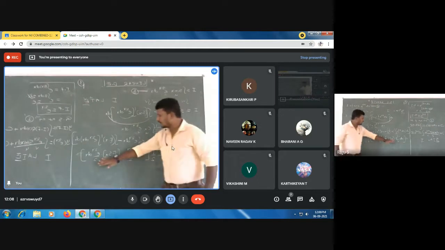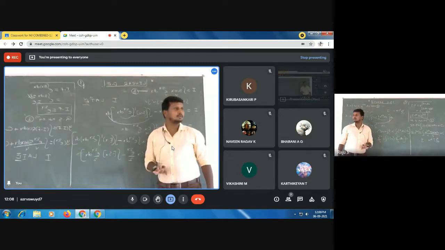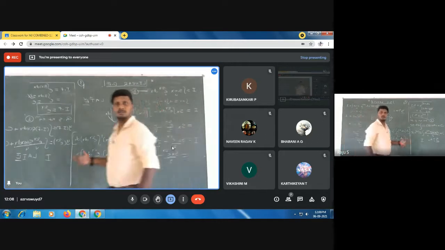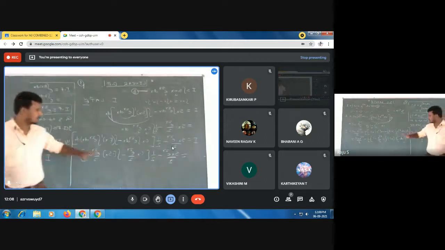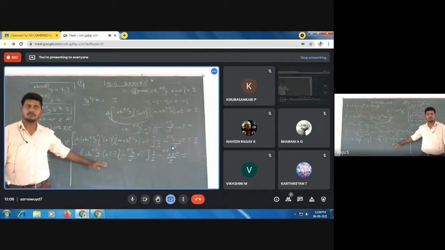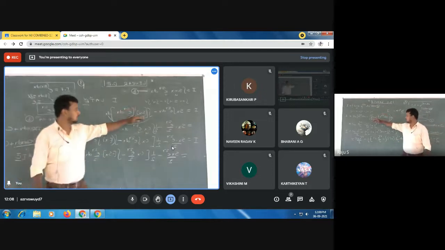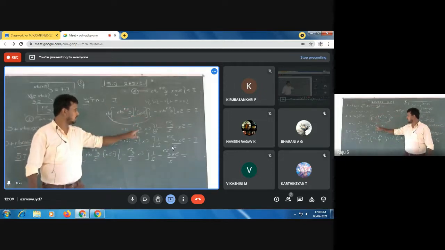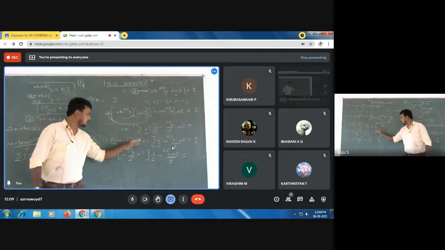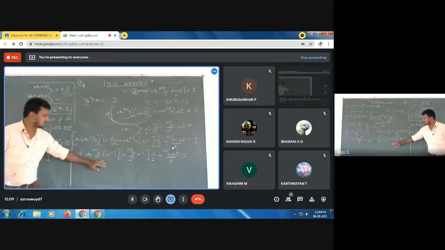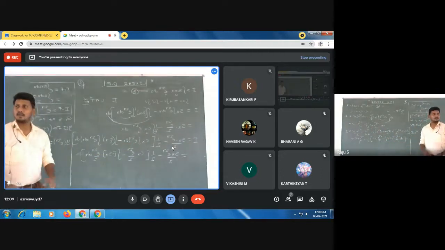Again we got sin x into e power 2x. Again we got the same sin. So what should we do? Again we can apply UV. When I apply the UV rule, here sin x derivative we got cos. Again I applied the UV rule. Finally again integral of this.